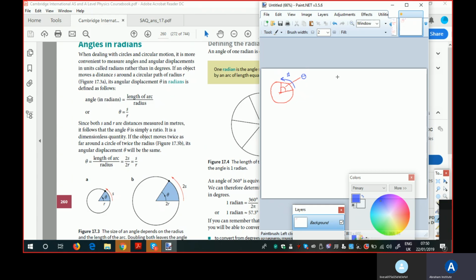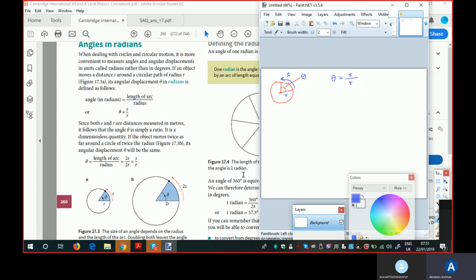So let's see, L, theta, and then R. Okay, the angle in radians, theta, is equal to the length of the arc S divided by the radius of the circle or circular path. That is the equation.